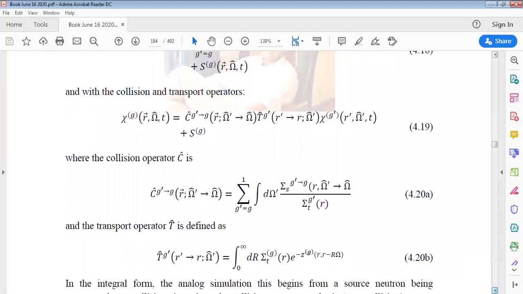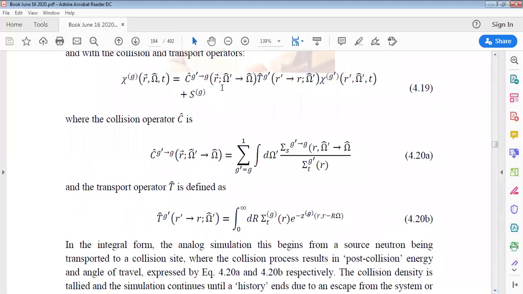And in multi-group form, the good thing is that you can see C and T explicitly. C looks like the summation over all energy groups, d omega prime times sigma_S, the transfer scattering cross section, divided by the total microscopic cross section at the initial energy.